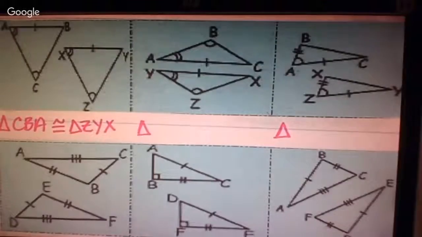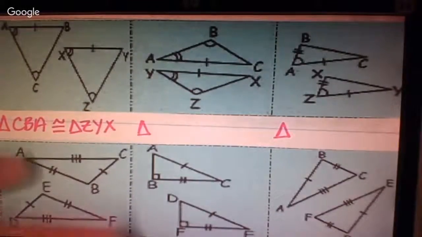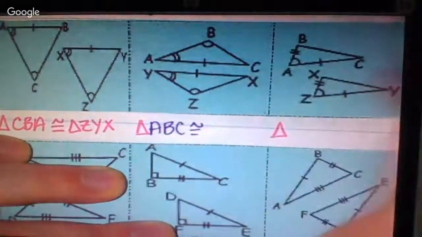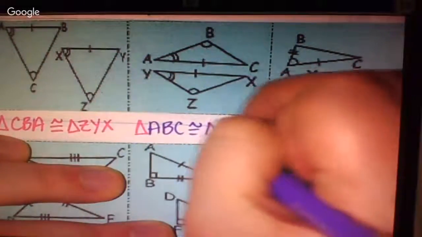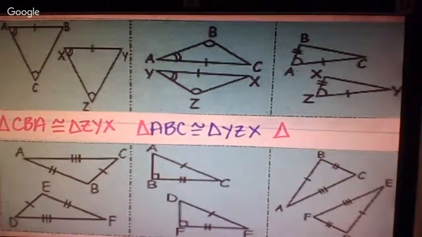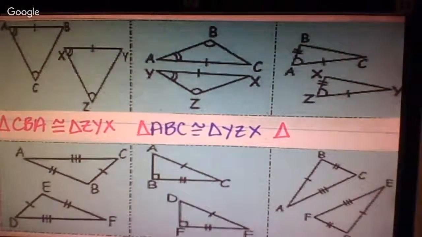What you got for me, Kenley? Okay, I got ABC, ABC, and then I got YZX. YZX. Perfect. Can I do the next one? Okay. Wait, actually, no. I'm going at the bottom. If you're questioning yours, let me know. I will check it for you.